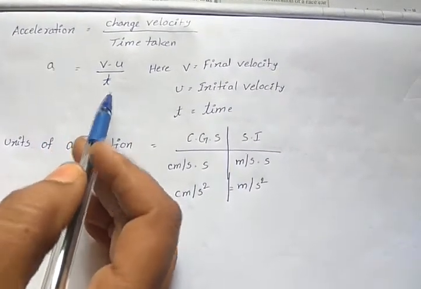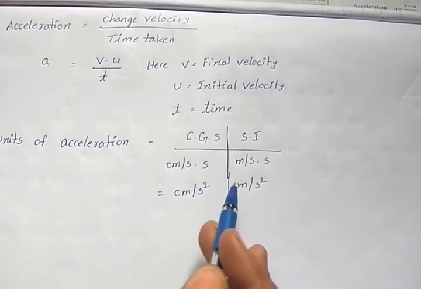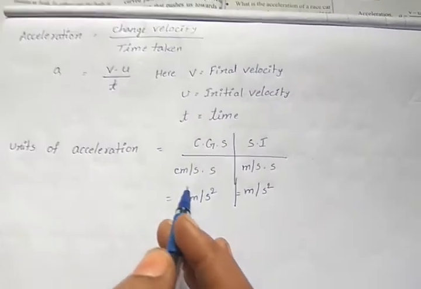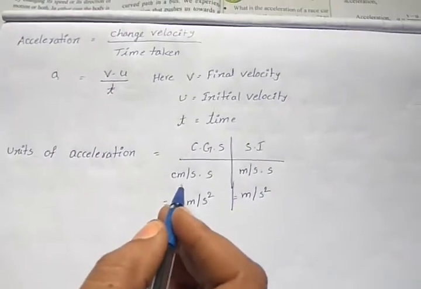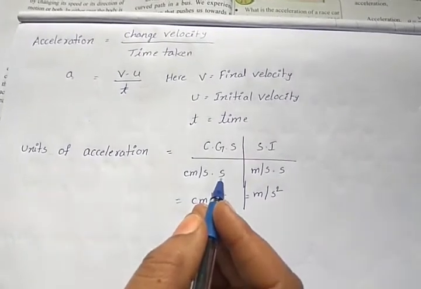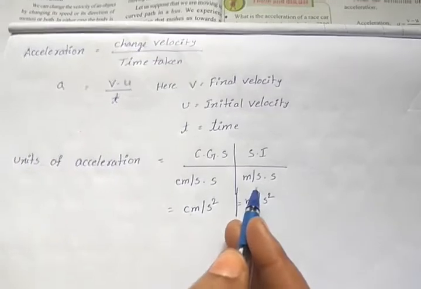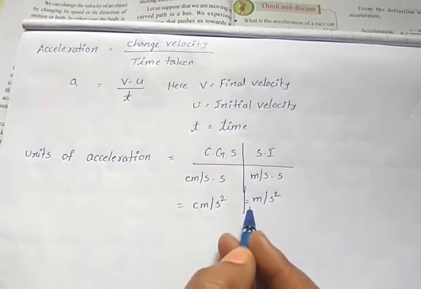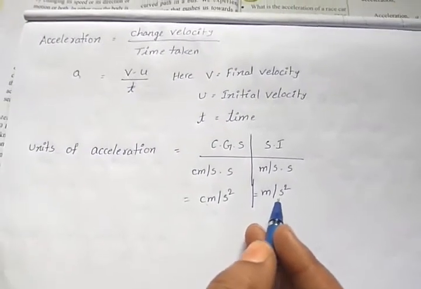Clear? Now in the CGS system and the SI system we have to find the units. In the CGS system, velocity is in centimeter per second and time in seconds, therefore the unit is centimeter per second squared. In the SI system, velocity is meter per second and time is second, therefore the unit in SI system is meter per second squared.